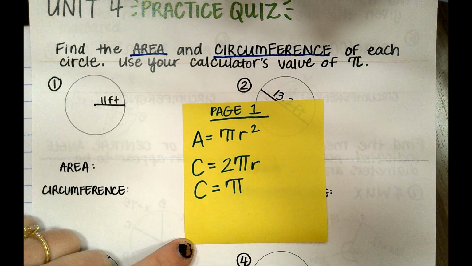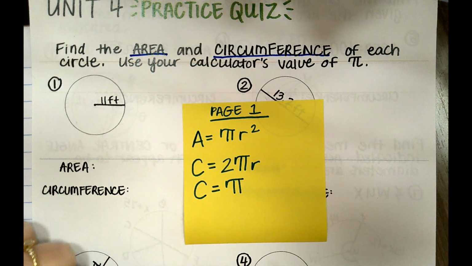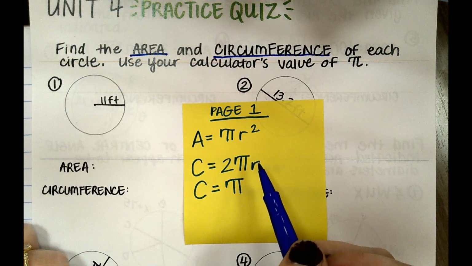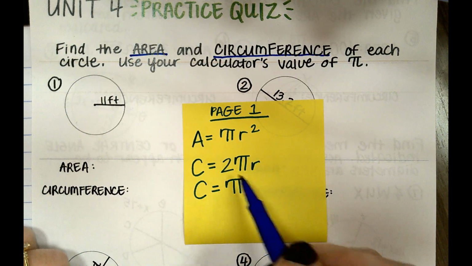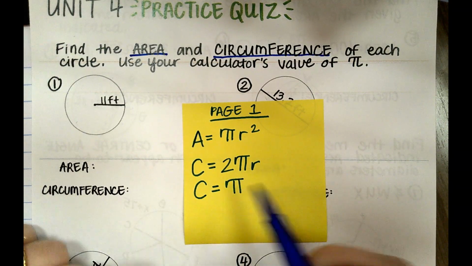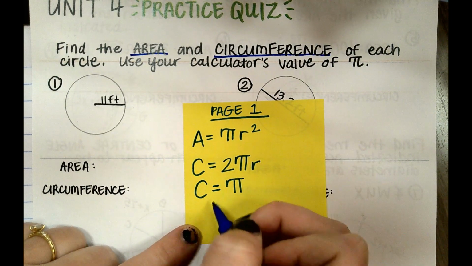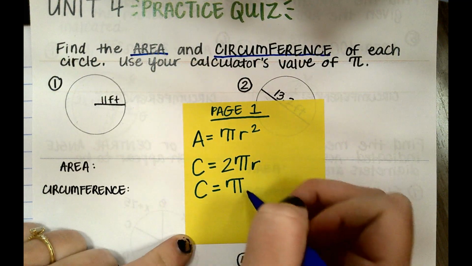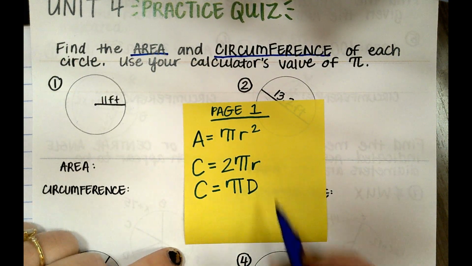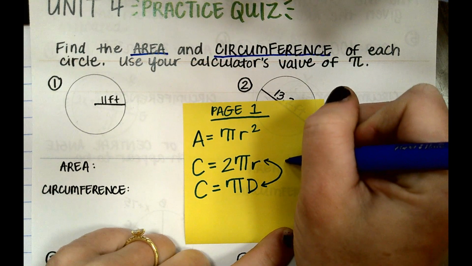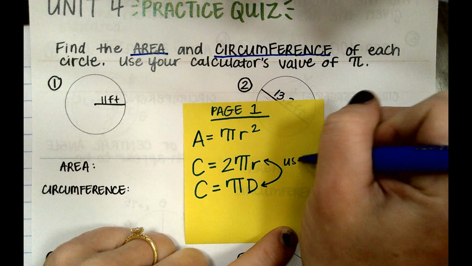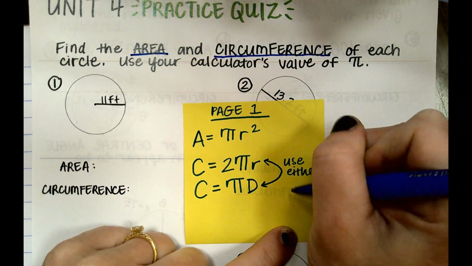Using pi and diameter. Kind of. Radius is half of diameter. So I have radius times 2 in this formula. It's kind of a trick question because the circumference formula with diameter is just pi diameter. So these are your 2 options. Use either one.